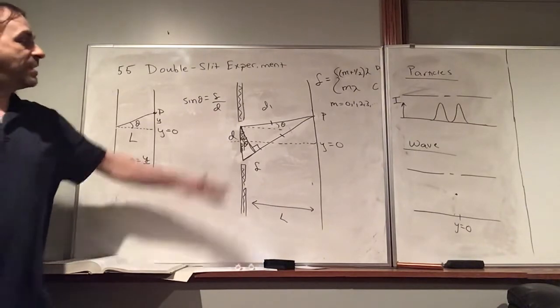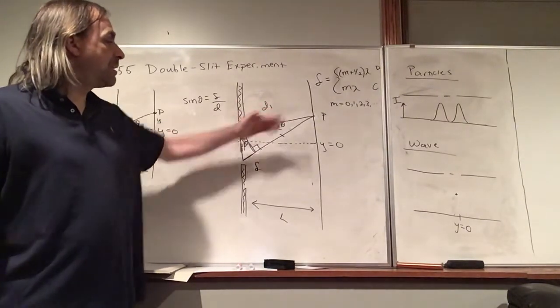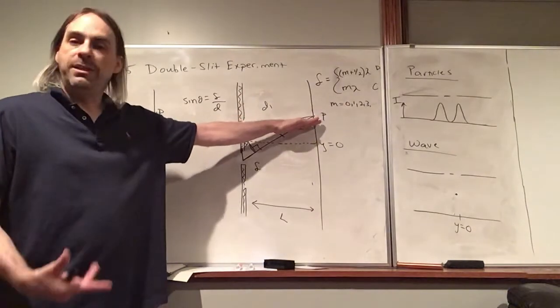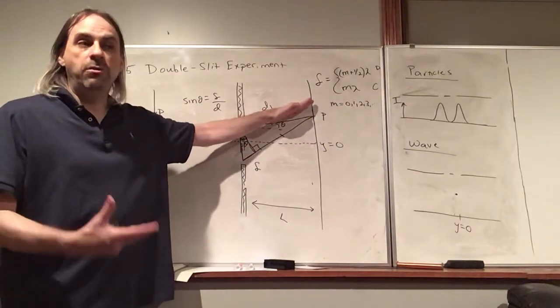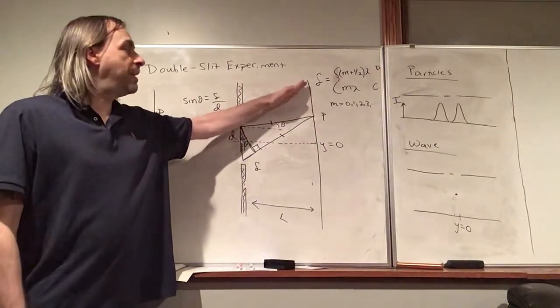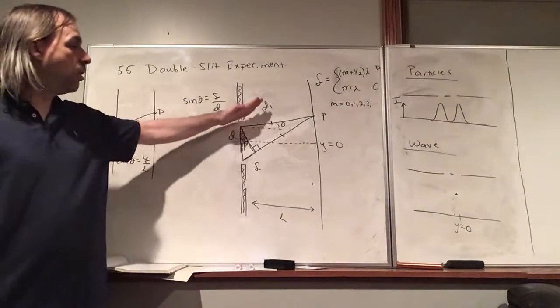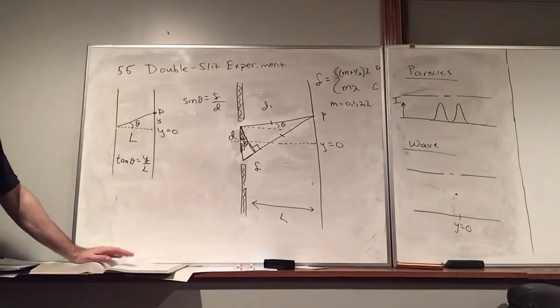As theta increases, eventually delta will be half a wavelength, and then it'll be destructive interference. Then as we increase the angle, we'll get constructive interference, and then destructive and constructive again. So as we increase this angle, we'll get a sequence of bright and dark bands.